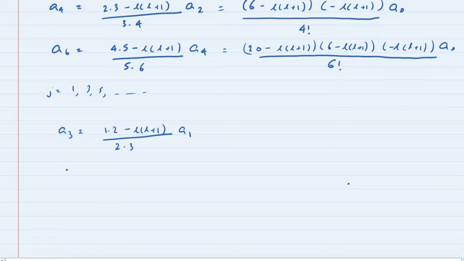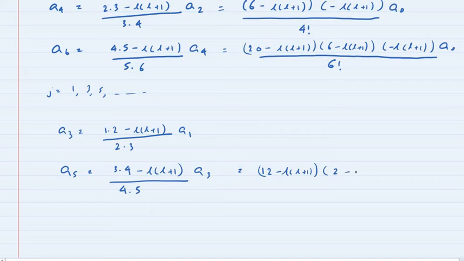When j is equal to 3, a5 is equal to 3 times 4 minus L times L plus 1 divided by 4 times 5 multiplied by a3. Now this becomes 12 minus L times L plus 1 multiplied by 2 minus L times L plus 1 divided by 5 factorial multiplied by a1.